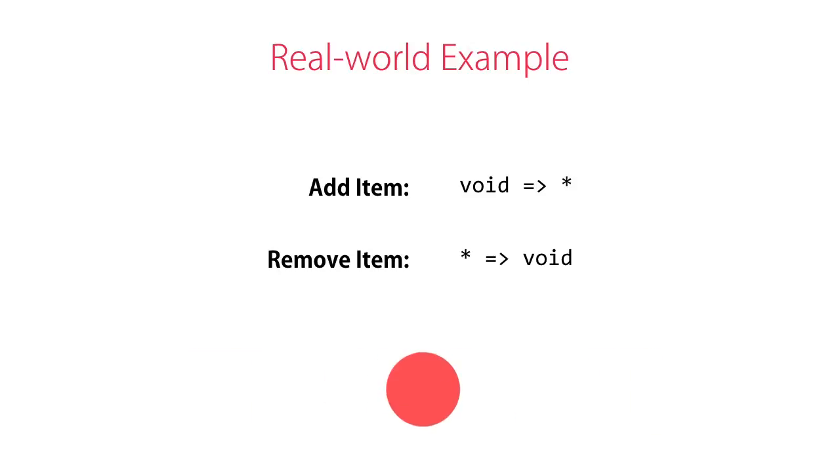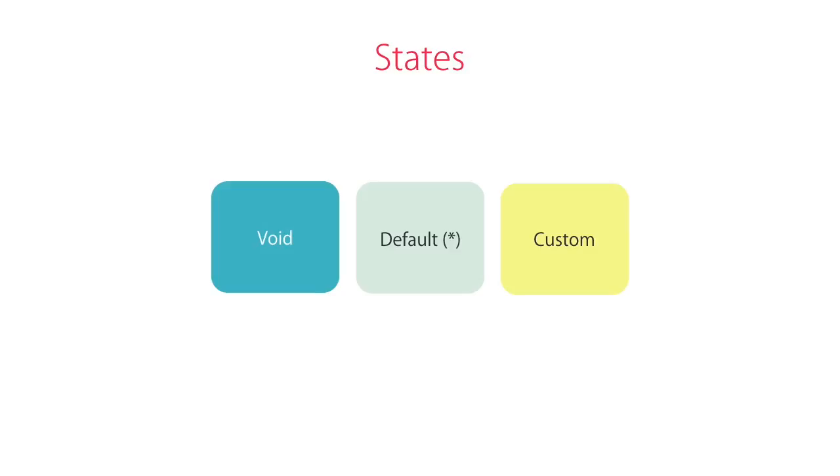So here, this asterisk represents what we call the default state. So all elements do have a default state. Now back to the list of states. One more time, we have three types of states: the void state, the default state, which is indicated by an asterisk, and also custom states.